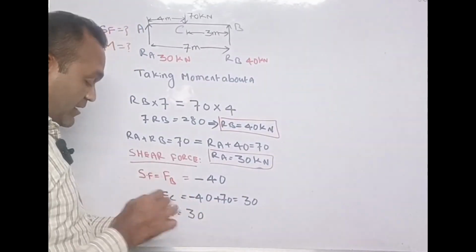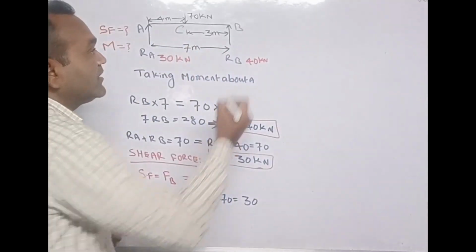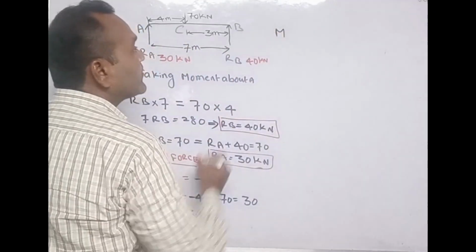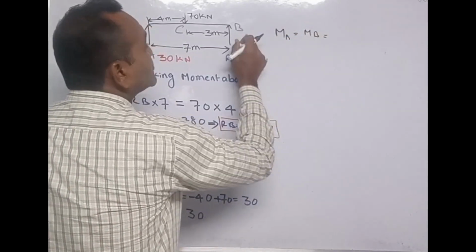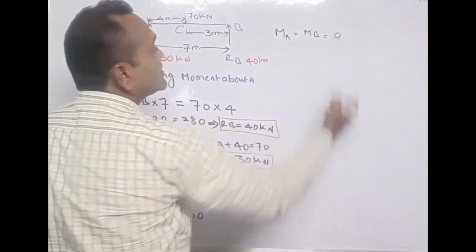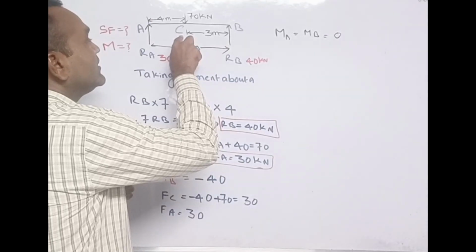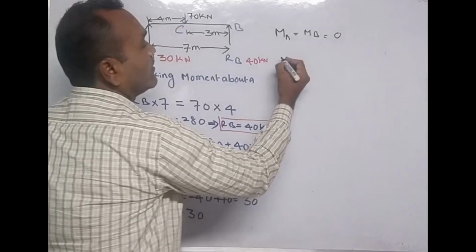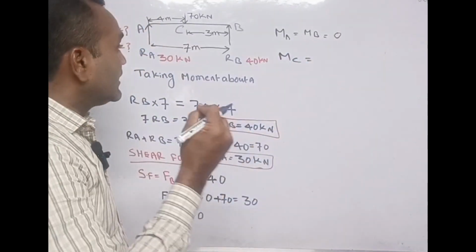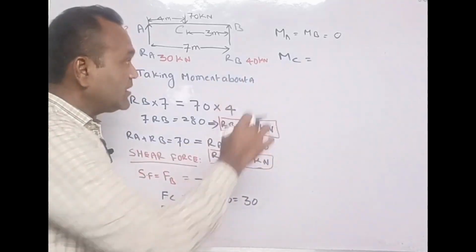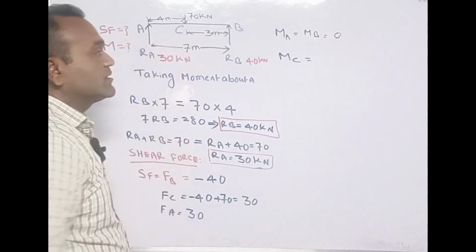Moment at A, B and C. Moment is denoted by, let's say, M. Moment at A equals to moment at B equals to 0, since it is simply supported. There will be no moment. The only thing left here is moment at C. Moment at C, we have two methods. Either we can multiply RB times this distance or RA times this distance.